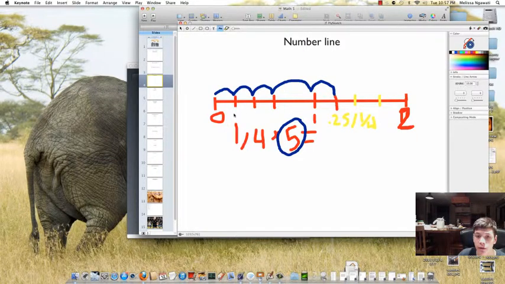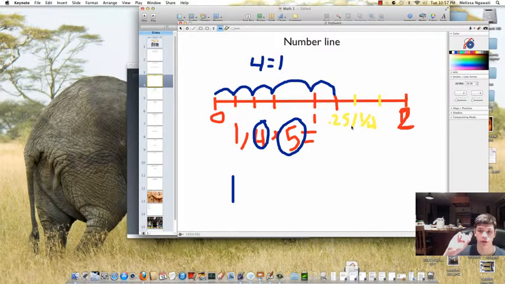We have jumped 4 times here. 4 is equal to 1 because it's fourths. So we have 1, and we've landed on 0.25, which is a quarter.